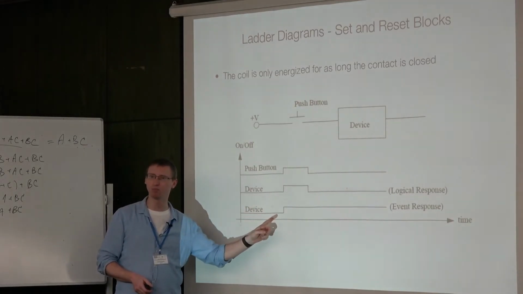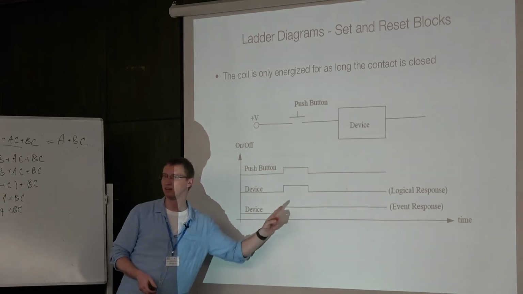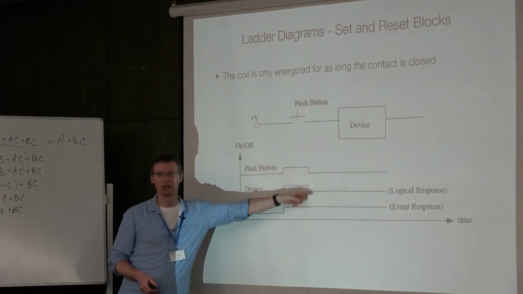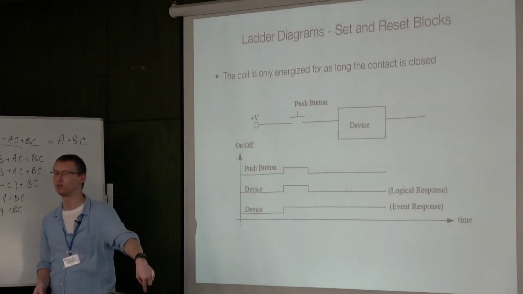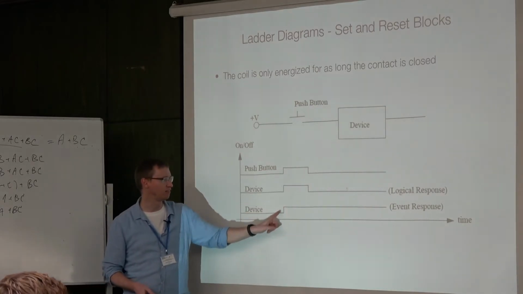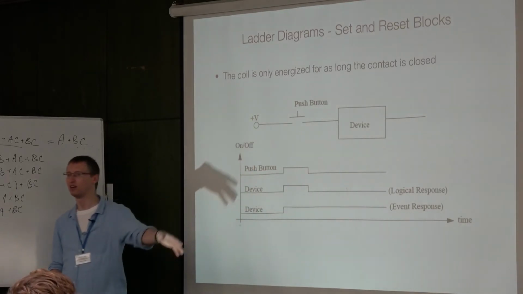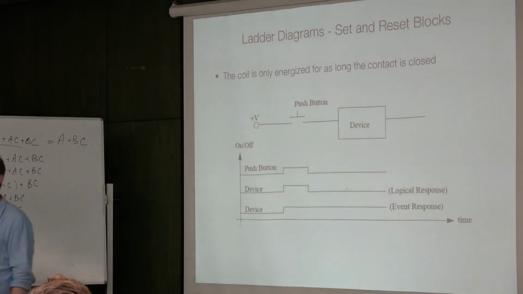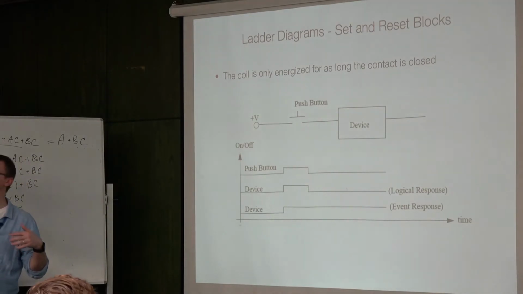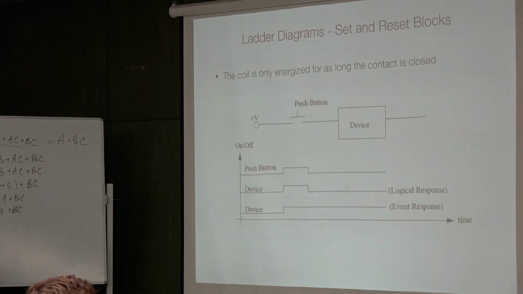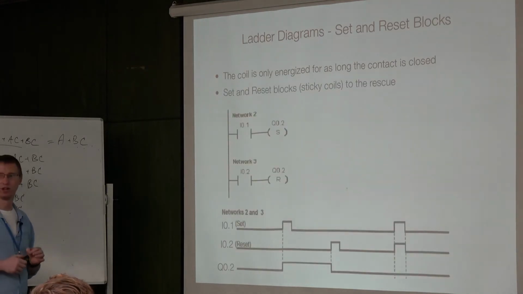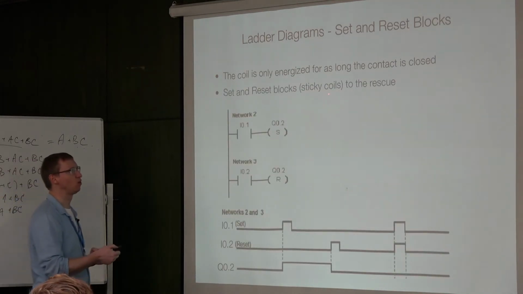Maybe we would like the output to stay energized despite the fact that the contact dropped back to logical 0. Okay? So basically we would like to enable it by this leading edge and then just let it be run. This is where more of these PLC blocks come into play. Instead of those standard coils, we can have something like sticky coils.